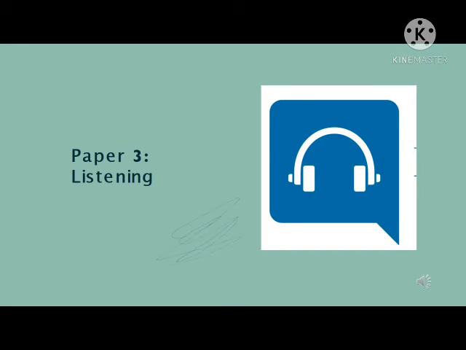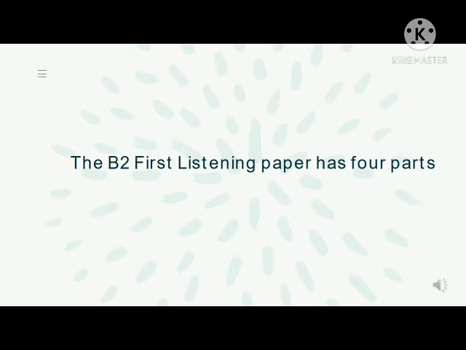Now I'm going to talk about the Listening paper, which is paper number 3. So, what's in the Listening paper? The B2 First Listening paper has 4 parts. For each part, learners have to listen to the recorded text or texts and answer some questions.